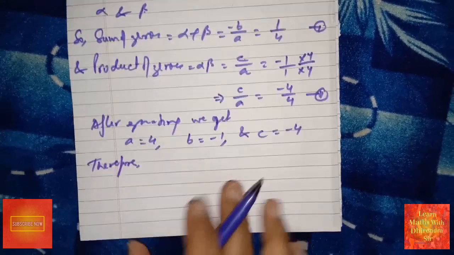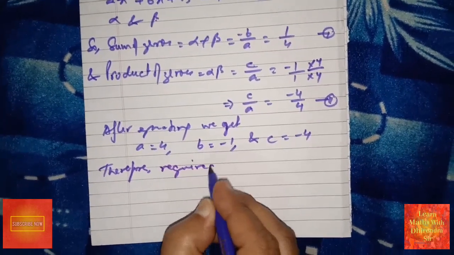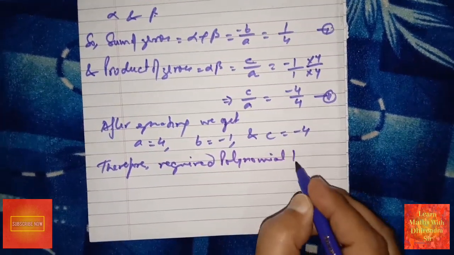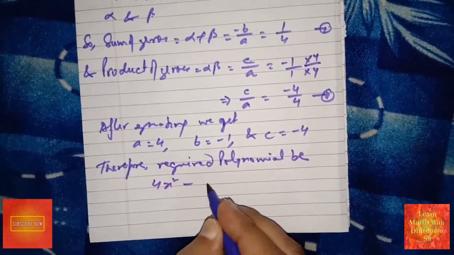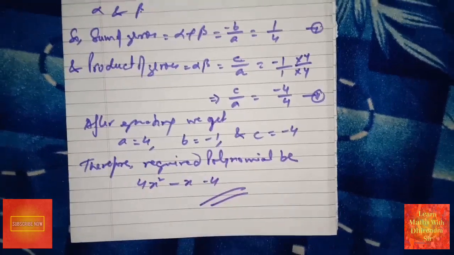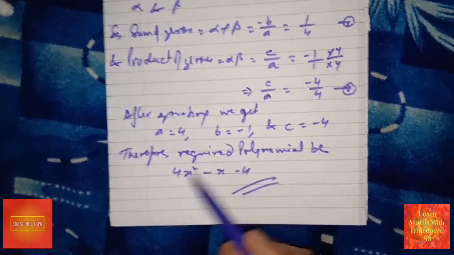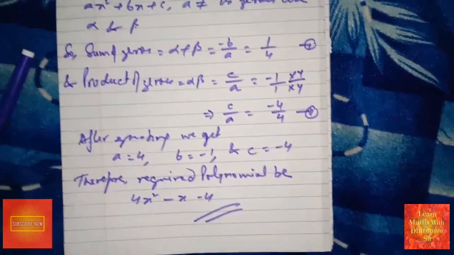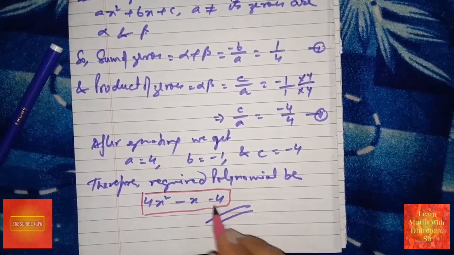Therefore required polynomial be ax² mean 4, x² minus b means -x minus 4 is your required result. Is it clear? It means coefficient of x² is 4x², coefficient of x is -1 and constant is -4. Then it is your required result like this.